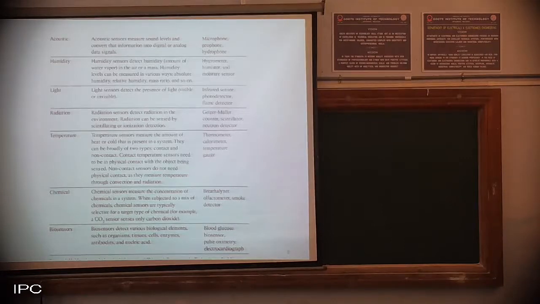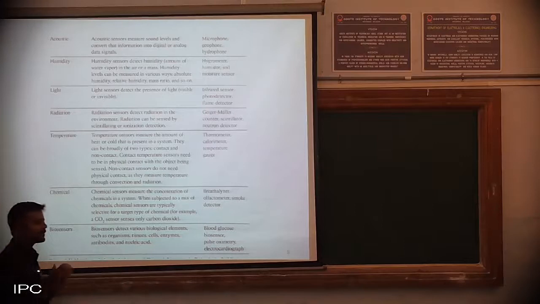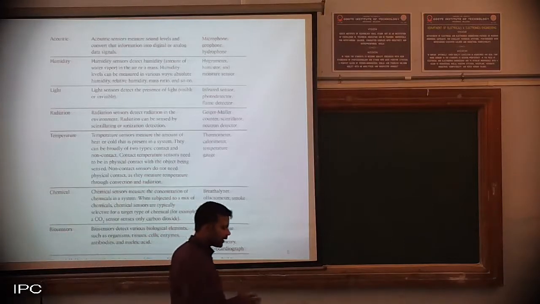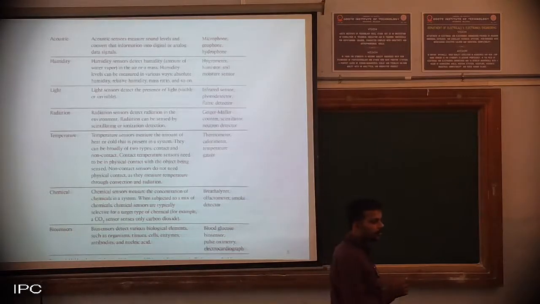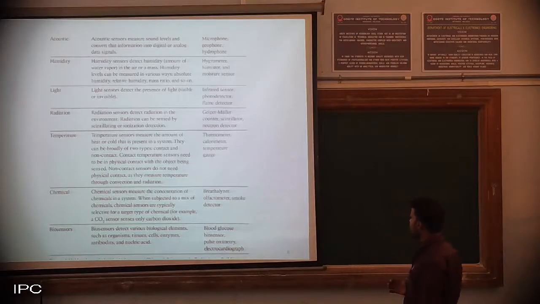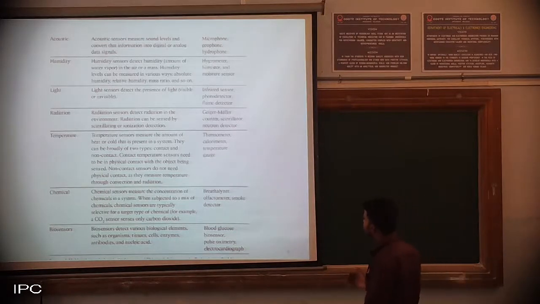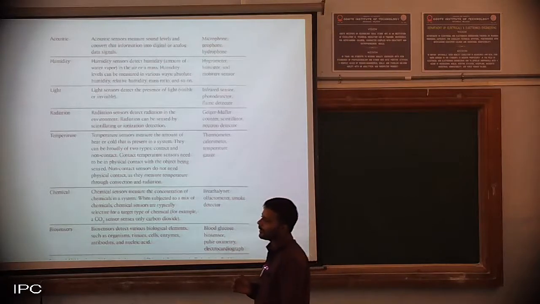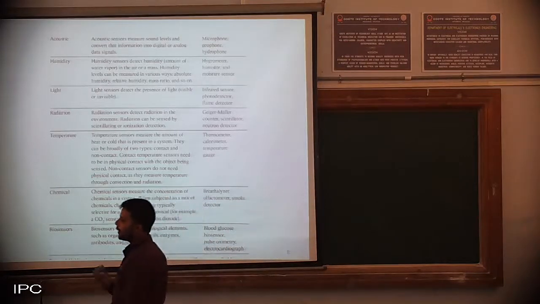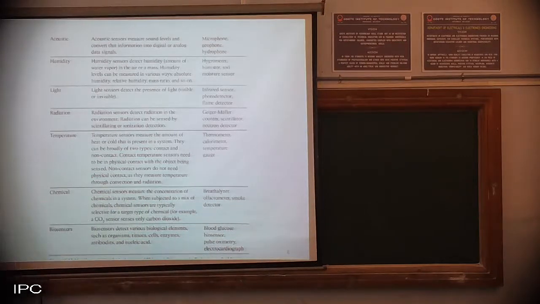And next is chemical sensors. In order to detect chemical reactions, we can use chemical sensors. One of the best chemical sensors is the breath analyzer, and heart pulses can also be measured by it.